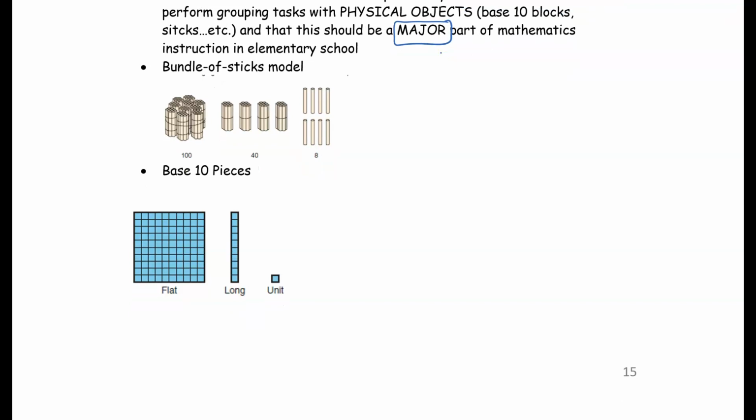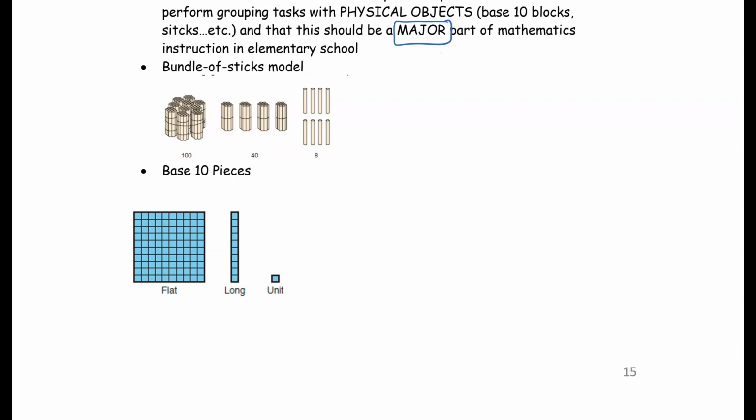So, bundle of sticks model, for example, you might tell kids, okay, you have 1 stick and that's equal to 1, and they could group them in groups of 10. 10 groups of 10 would be 100. Basically, you're modeling base 10 pieces.